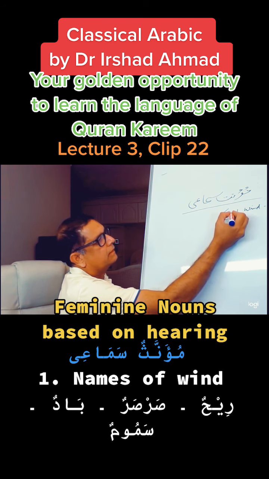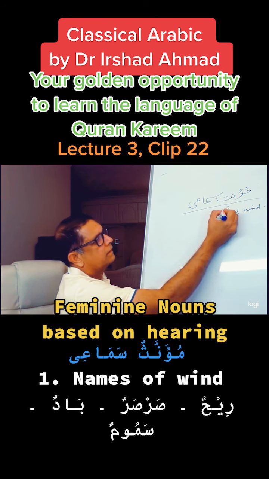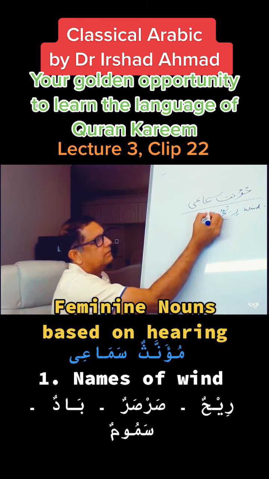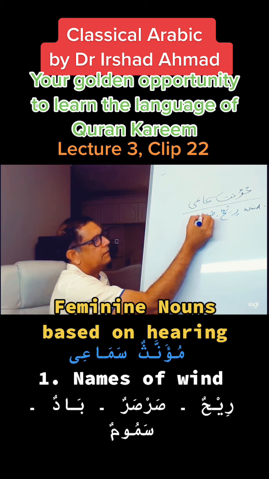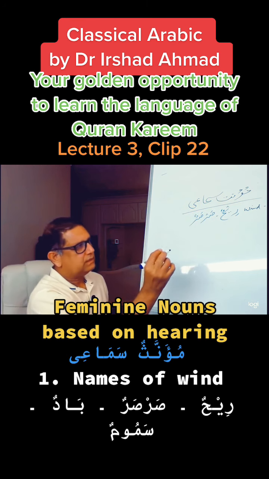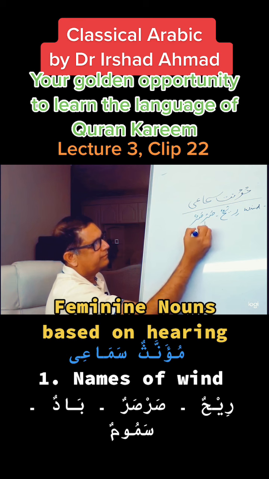Rihun, Rih. Sarsaron, this is a kind of wind which is really freezing cold.